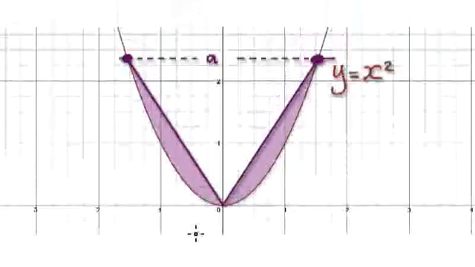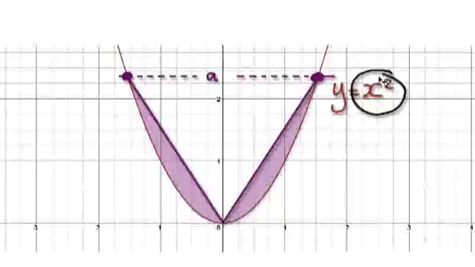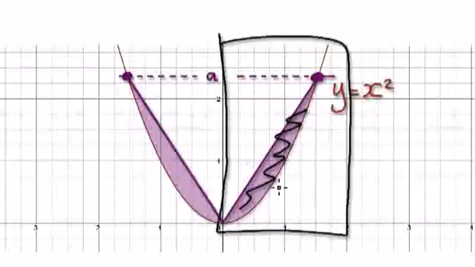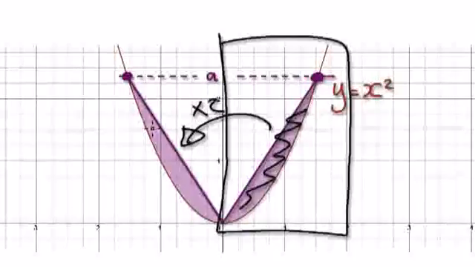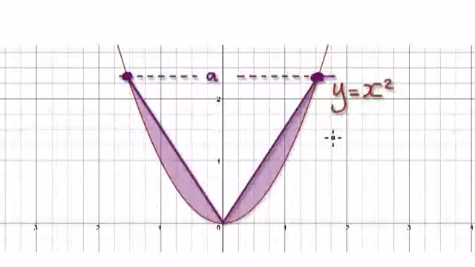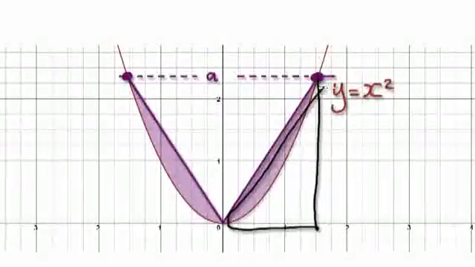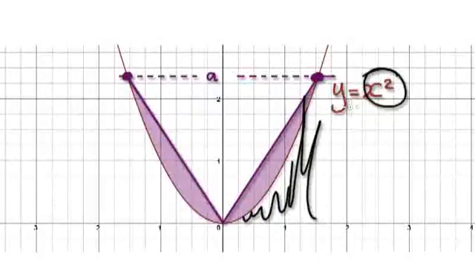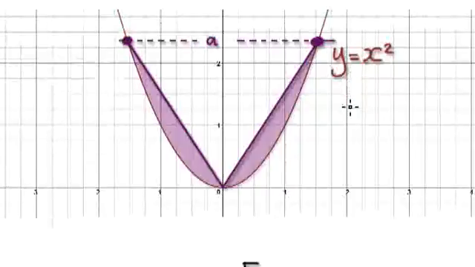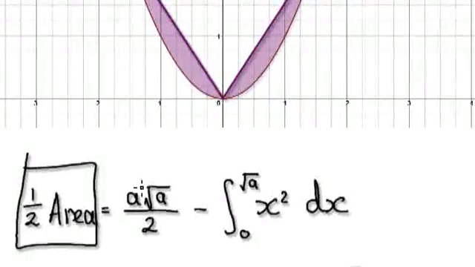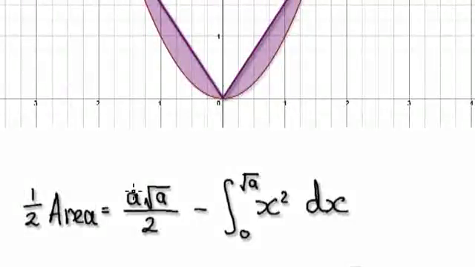Because this is an even function, let's just concentrate on finding out the area of this half, and then right at the end we can times it by 2. That will then give us the whole thing, because it's an even function. So the first method: work out the area of the triangle, and then take away the integral of x squared. So half of that area would be us doing this.